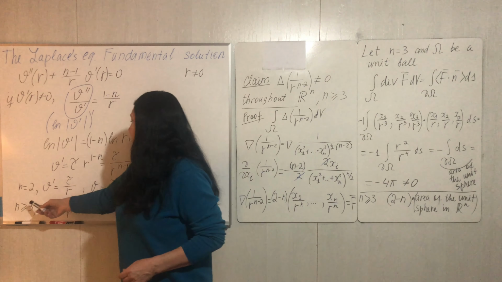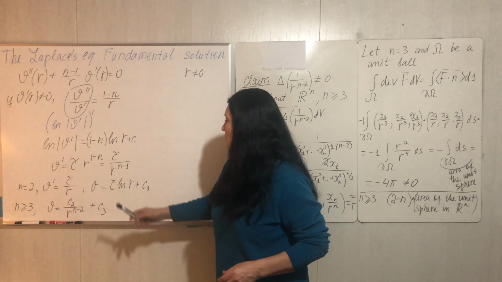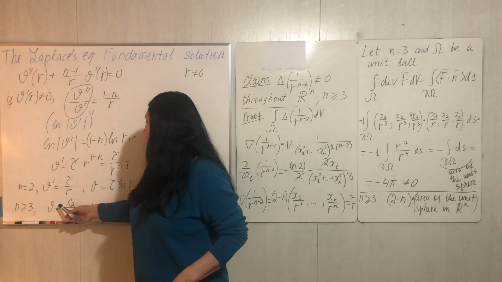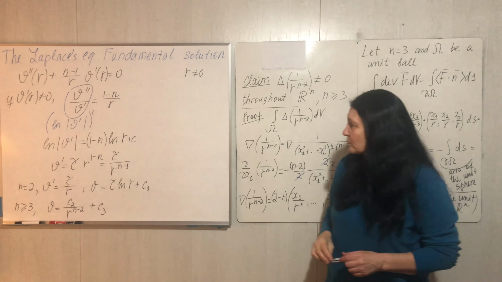If n equals 3 or greater than 3, then the integral will give us some constant over r to the power n minus 2 plus another constant. Right? So we got our radial solution v, and the assumption was that r is not equal to 0.